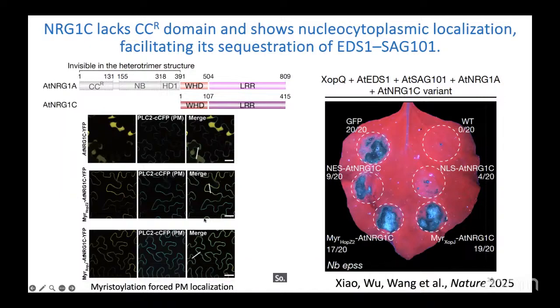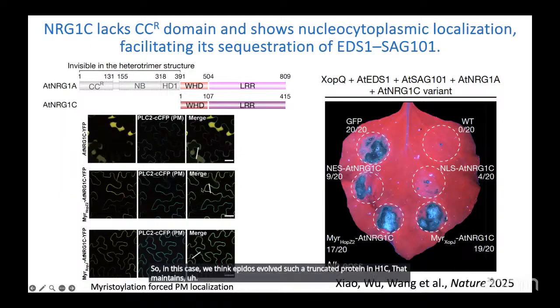So in this case, we think Arabidopsis evolved such a truncated protein, NRG1C, that maintains the core interacting domains of NRG1A, loses plasma membrane association, and takes advantage of its nuclear cytoplasmic distribution for efficient sequestration of EDS1 and negative regulation.